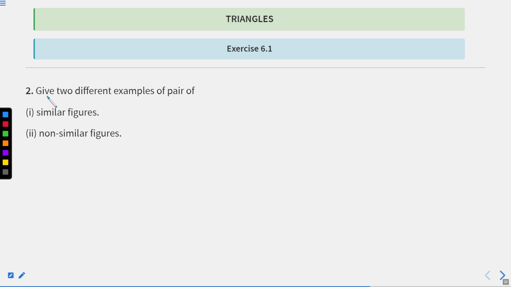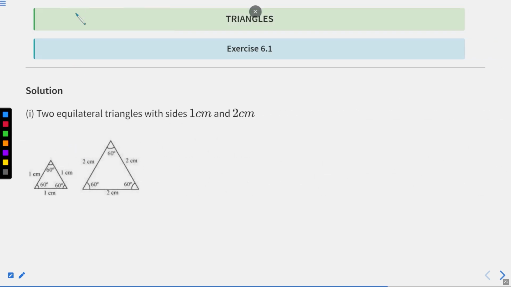And question number 2. In this question, it is said to us to give two different examples of pairs of similar figures and non-similar figures. So we have to give different examples. Let us see examples. Two equilateral triangles with sides 1 centimeter and 2 centimeter are similar.